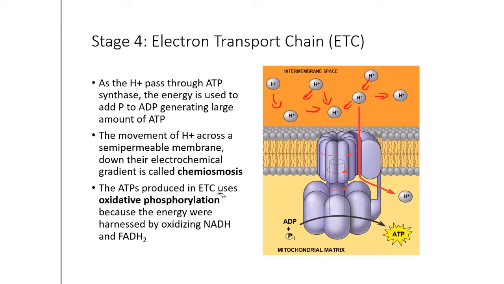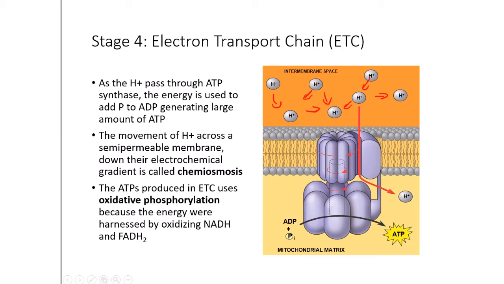And the ATP produced in the electron transport chain, as we talked about already, uses oxidative phosphorylation. Okay, because the energy that is used to create ATP is actually harnessed by oxidizing NADH and FADH2, meaning the NADH has to give off the electron to the chain. FADH2 has to give off the electron to the chain first, right?